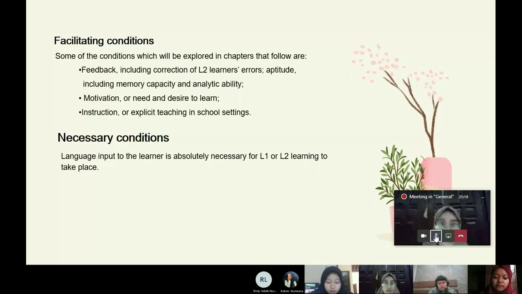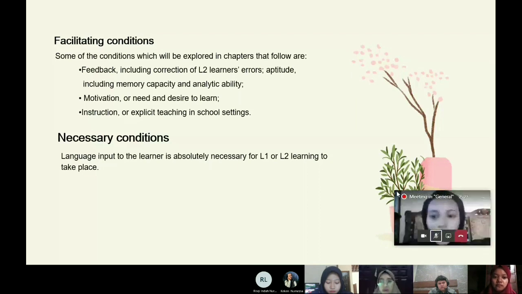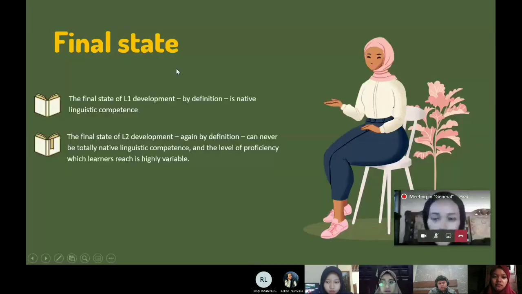Next, the final stage of learning L1 is a native linguistic competence, while vocabulary learning and cultivation of special registers, such as a formal academic writing style, may continue into adulthood.